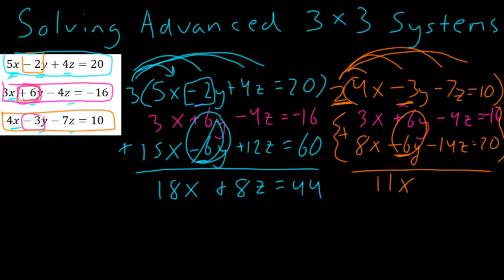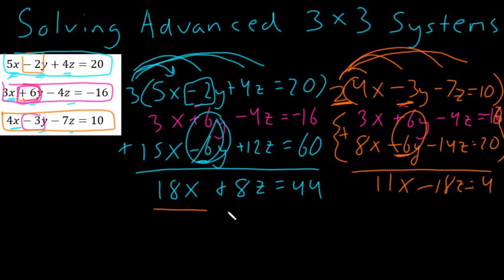Notice my y's completely cancel out, and now I have negative 4z and negative 14z, which will be negative 18z, is equal to, and here we have negative 16 plus 20. Ooh, yeah, you gotta be careful here. That's negative 16 plus 20, which is 4.